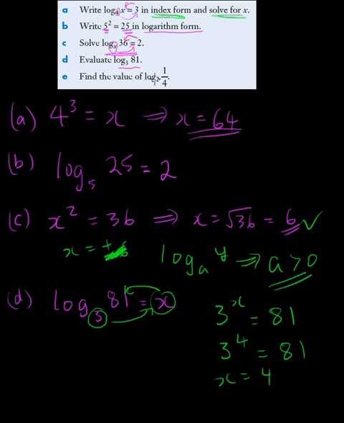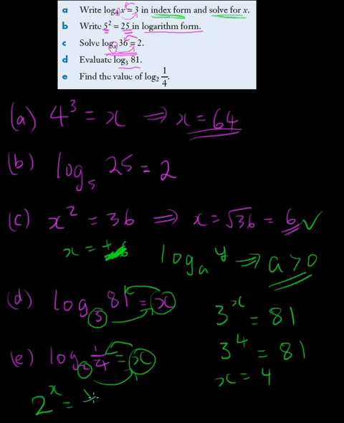The last one, evaluate log base 2 of 1/4. So this is e. If we look at this here, this is log base 2 of 1/4. 1 over 4 is a quarter. So once again, if we use this same methodology, it's 2 to the power of x is equal to 1/4.